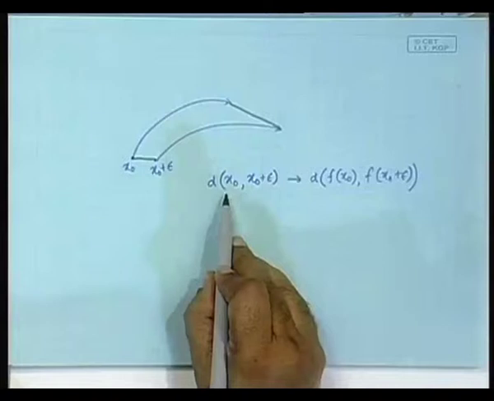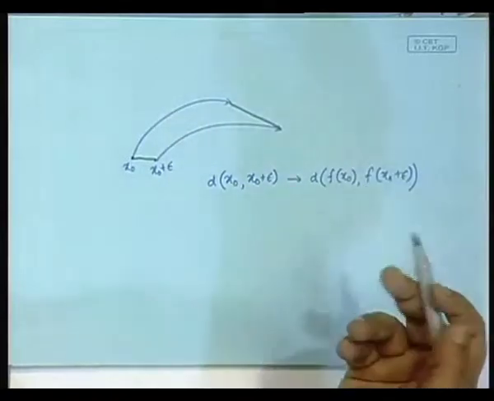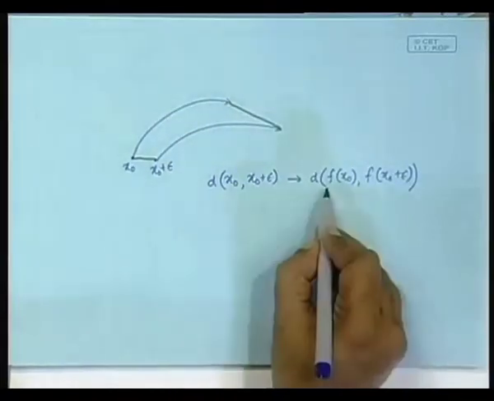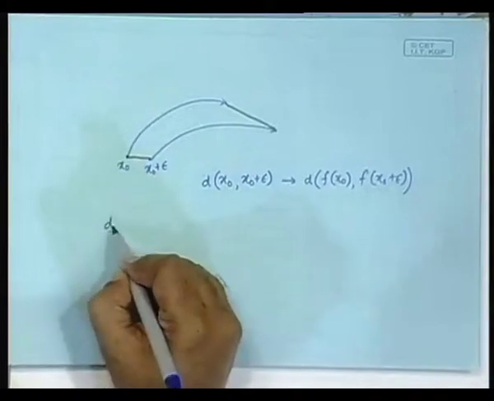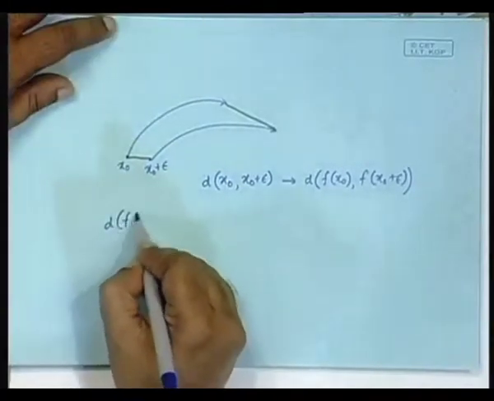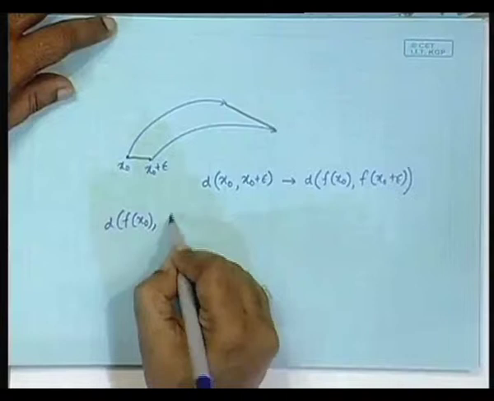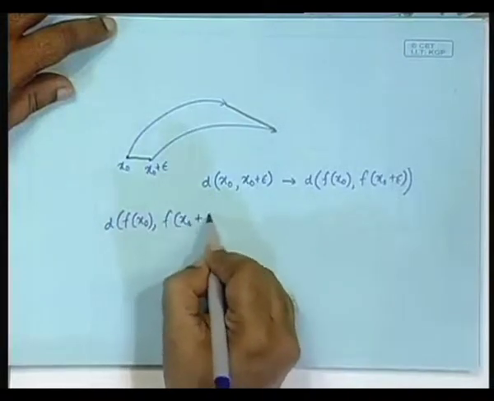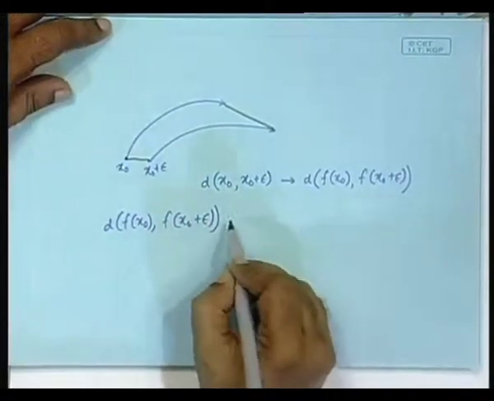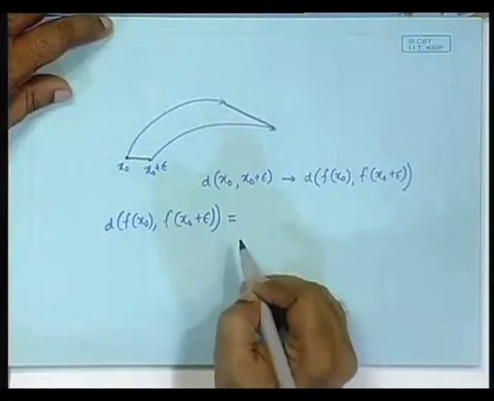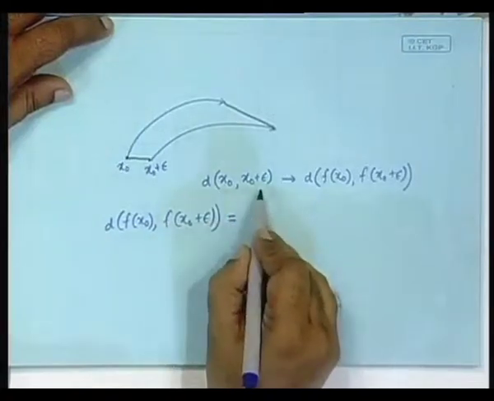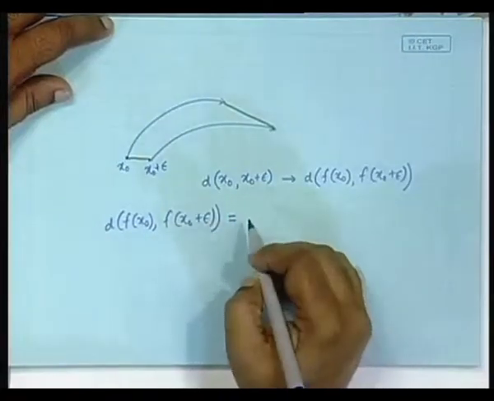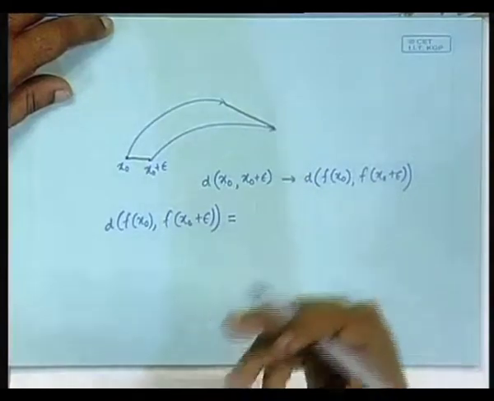So this distance maps to this distance, and we wanted to say that d of f x naught, f x naught plus epsilon is the initial separation times e to the power lambda.